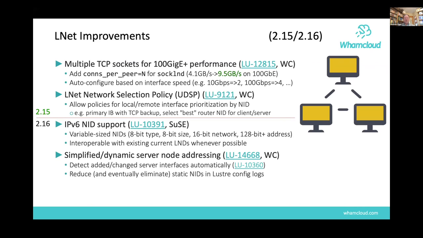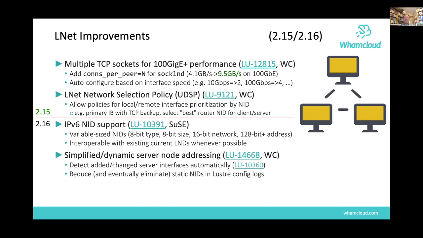And so the servers would, when they mount, connect to the MGS. And the MGS reports their available interfaces and failover peers and things like that directly to the client. So the client configuration log doesn't have NIDs stored in it at all.